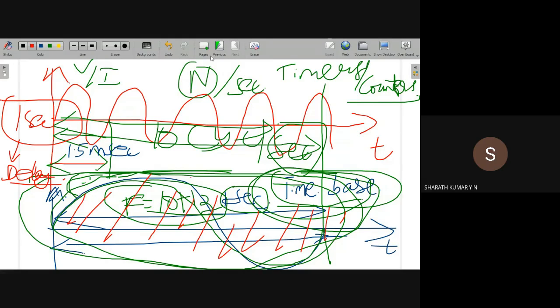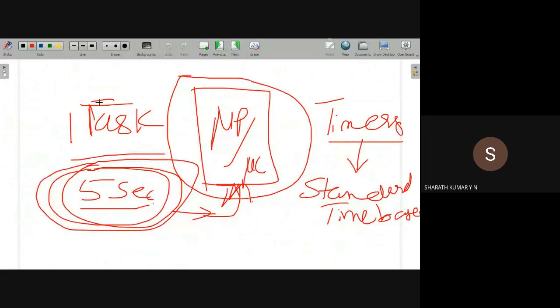What is the meaning of a delay? Take a simple mobile device, because all of us will understand a mobile device, even small kids.